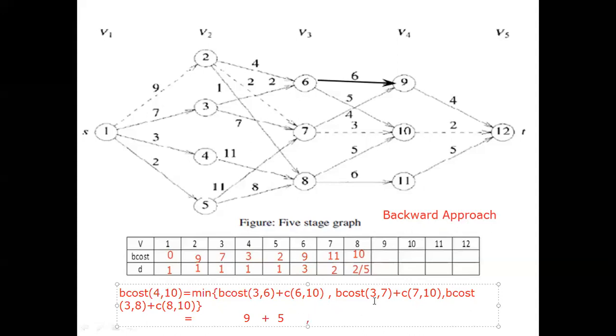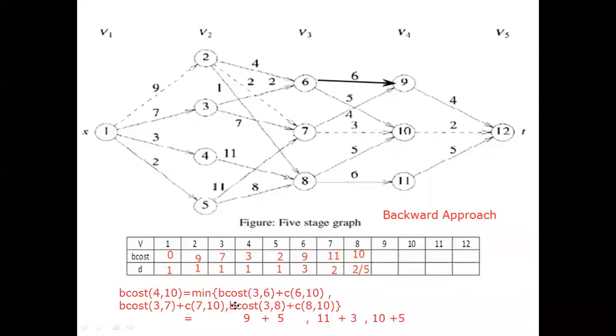Next, B cost of 3, 7 is 11, plus C of 7, 10, which is 3, comma. Next, B cost of 3, 8 is 10, plus C of 8, 10, which is 5.